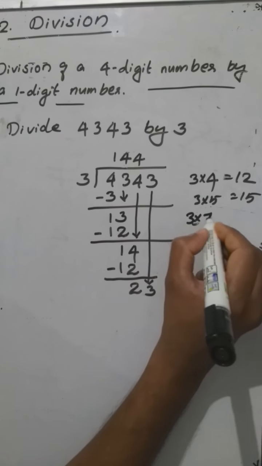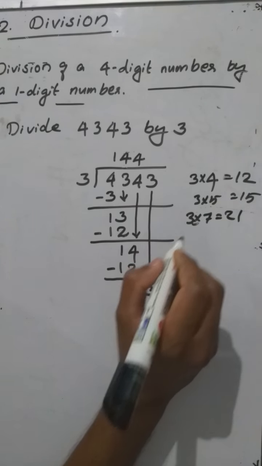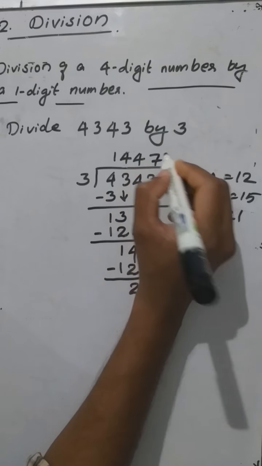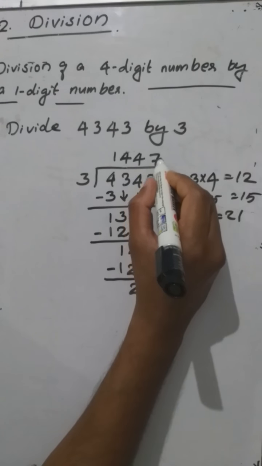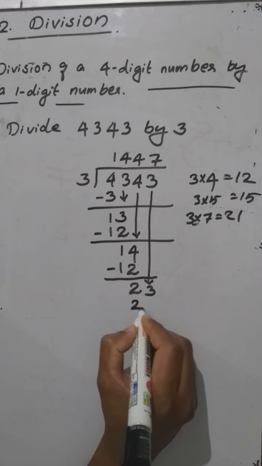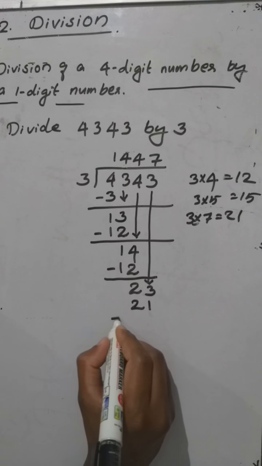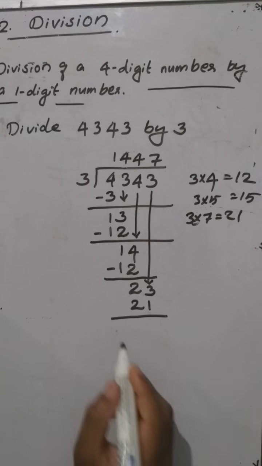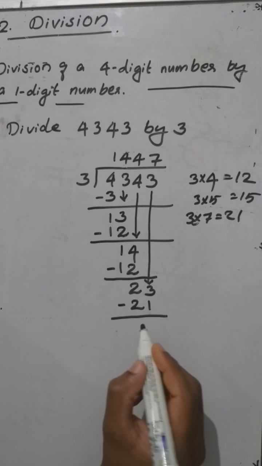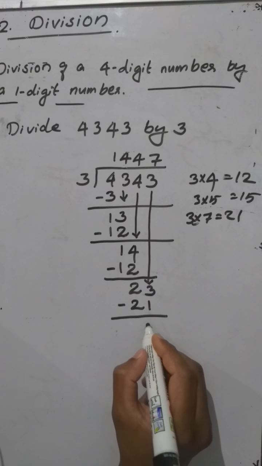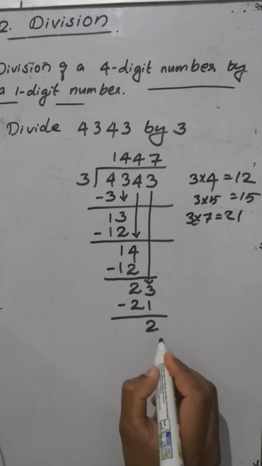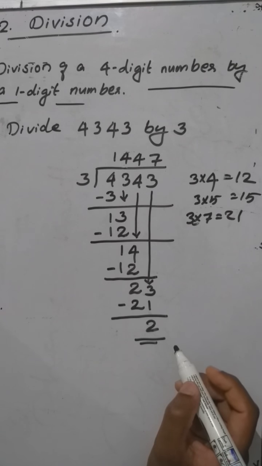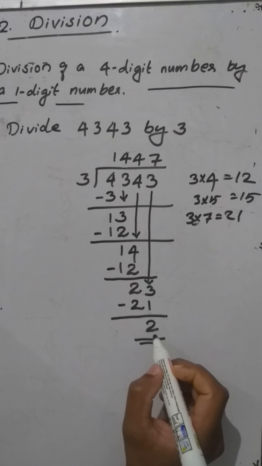So we can write 7 in the quotient place. 7 3's are 21. Then subtract 21 from 23 and we got 2 as the remainder. So our remainder will be 2.